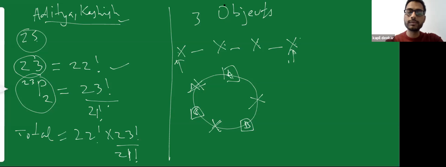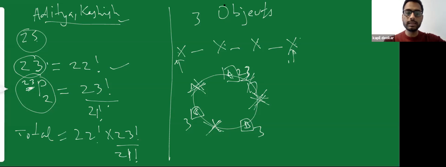Then I'll find places where I can keep Aditya and Kashish so that they are not together. As I said, if there are three objects, the crosses would also be equal to 3. So if there are 23 people, the number of crosses would also be 23. Hence n is 23 over here.